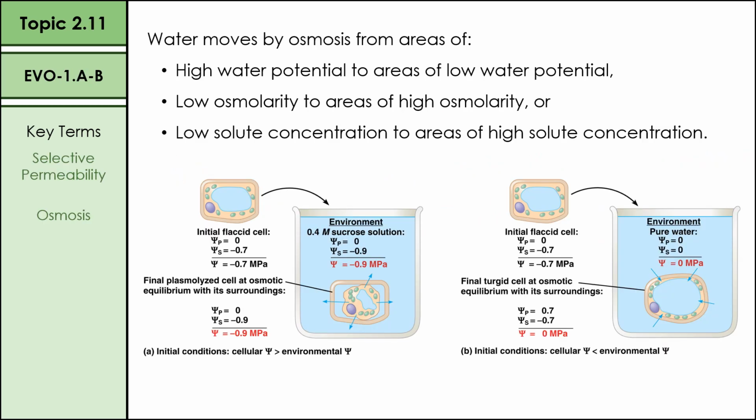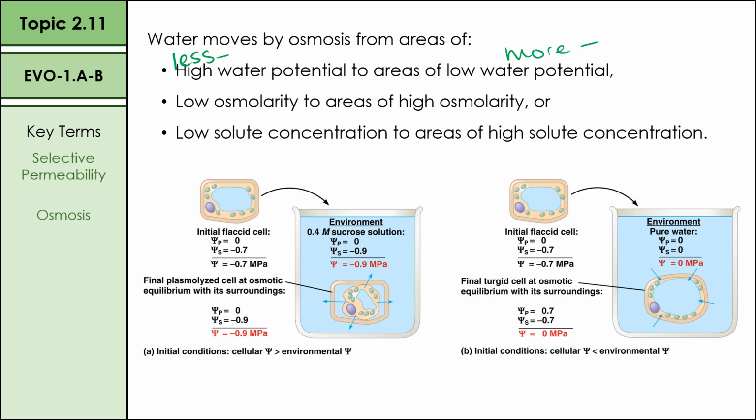So we can describe the movement of water in a few different ways. The first way being that water moves from a high water potential to a low water potential. Now, because our water potential is described in terms of negative bars, this means that we move from areas that are less negative to areas that are more negative.